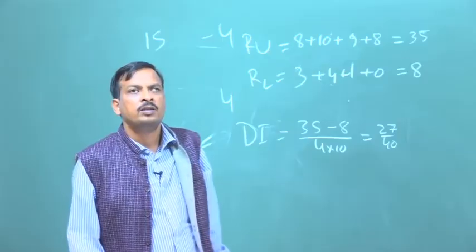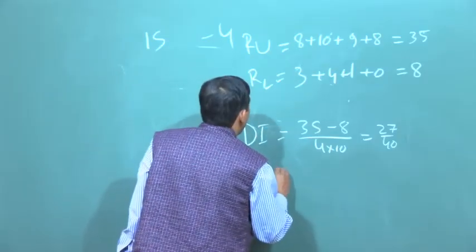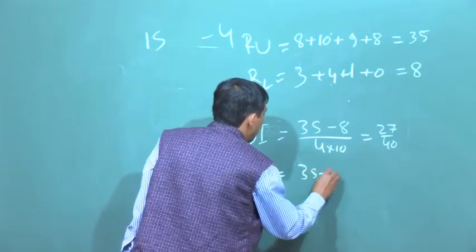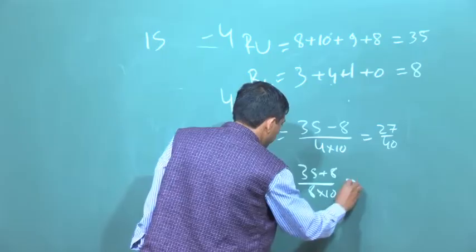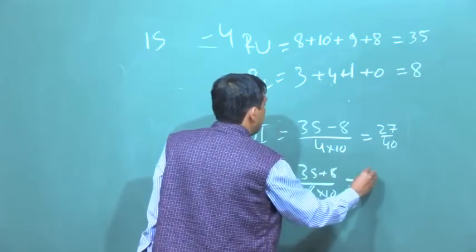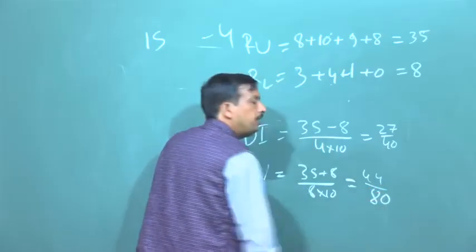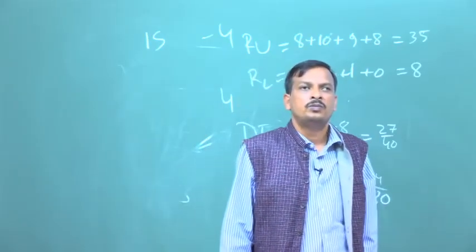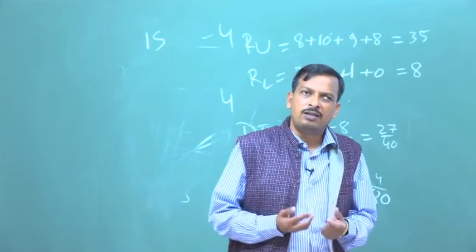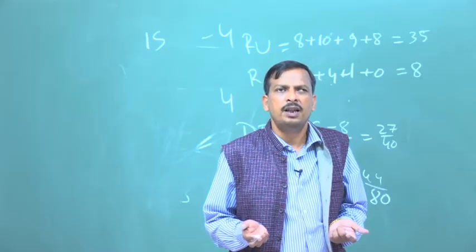What is the FV, the facilitation value? FV is equal to 35 plus 8 divided by 8 into 10, so 43 divided by 80. So, I can calculate DI and facilitation value FV.